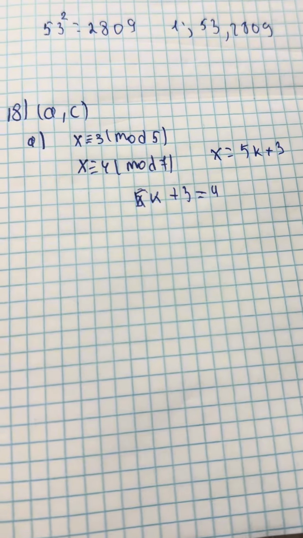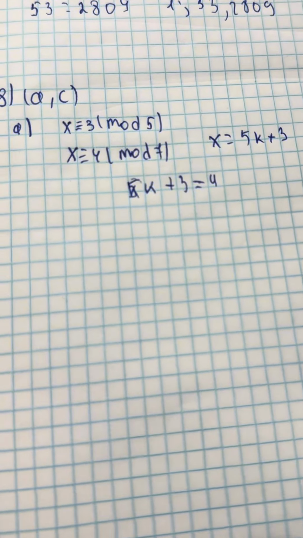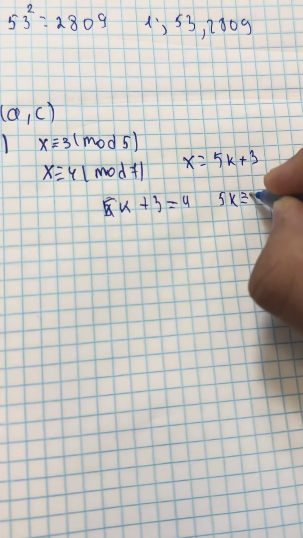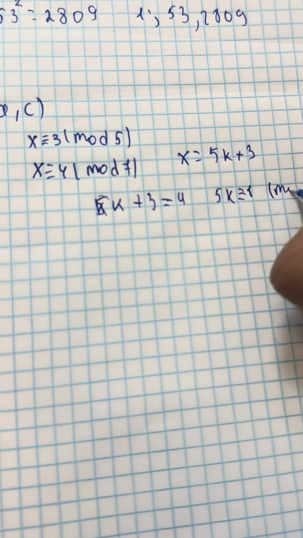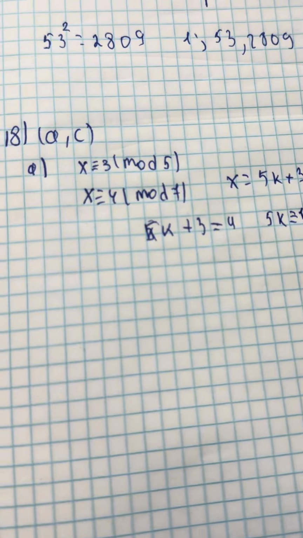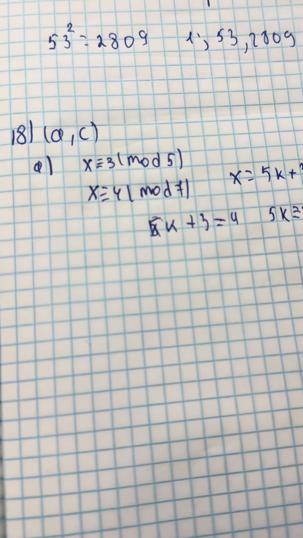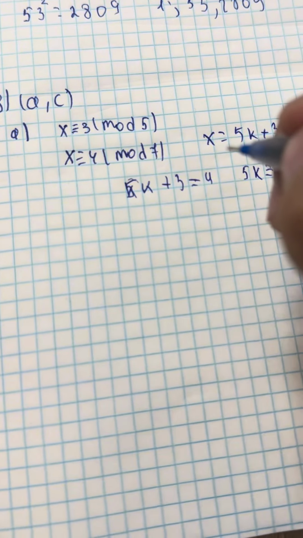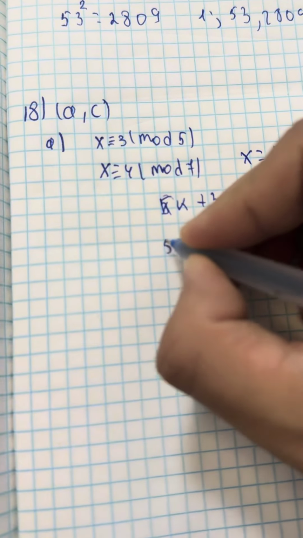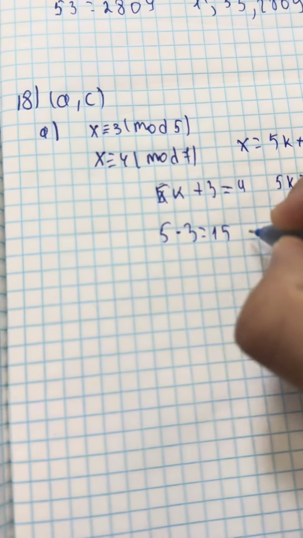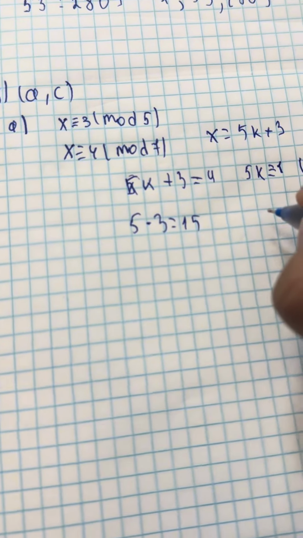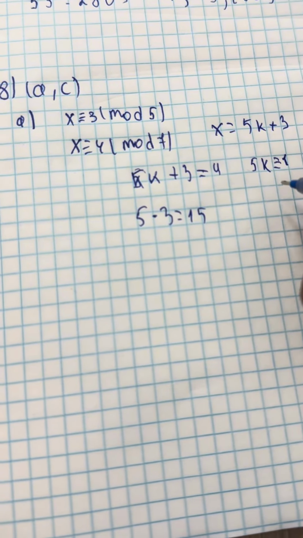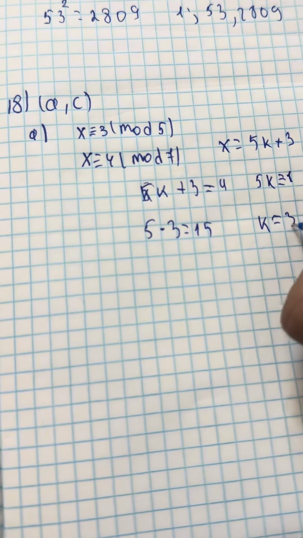Subtracting 3 from both sides gives us 5k equals 1 modulo 7. We need the modular inverse of 5 modulo 7, since 5 multiplied by 3 is 15 and 15 is 1 more than a multiple of 7, the inverse is 3. Multiplying both sides by 3 gives us k equals 3.